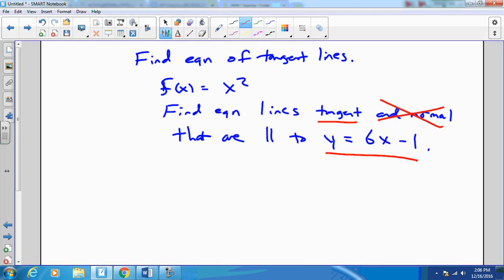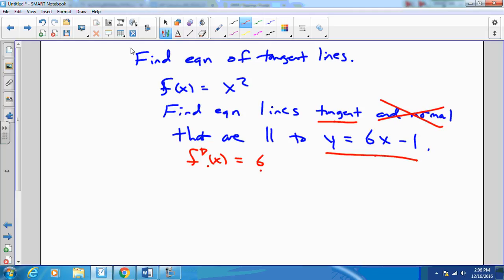So I have a line tangent that I want to be parallel to this line. That gives me some information about the slope of my line. How can I translate the tangent parallel to 6x minus 1? Or in general, f prime of x is equal to 6.